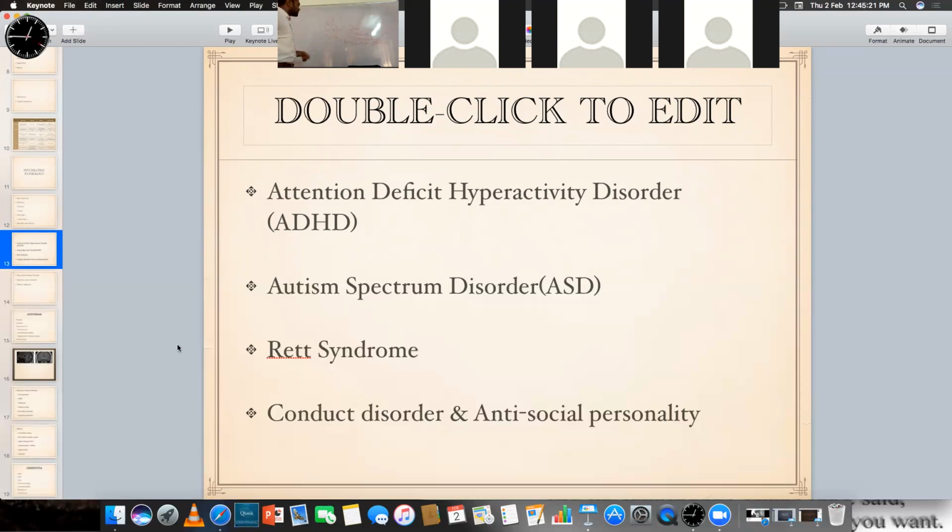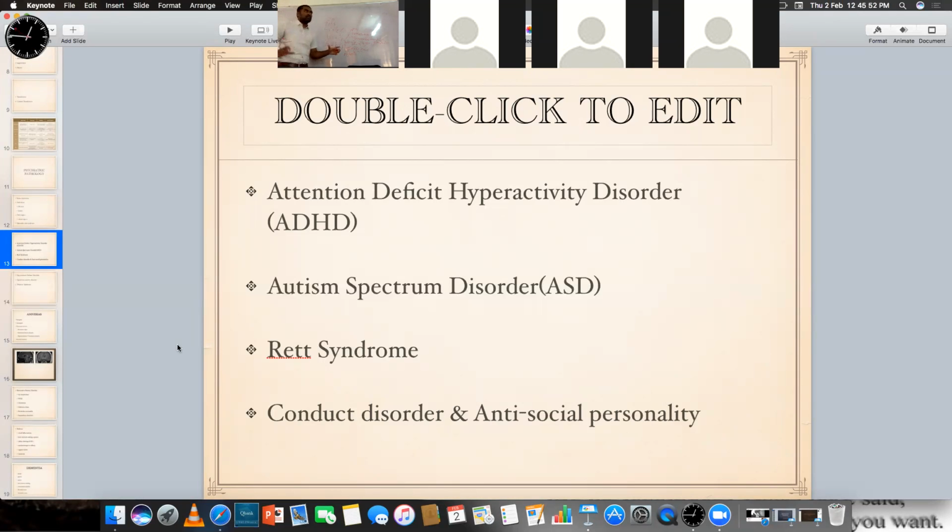Alport syndrome, Rett syndrome, Fragile X syndrome, and vitamin D resistant rickets, otherwise called hypophosphatemic rickets. I want you to make a little note about these 4 things right beside Rett syndrome, because these are the only 4 disorders which you will find in X-linked dominant disorders. So Rett syndrome, Fragile X syndrome, Alport syndrome, and vitamin D resistant rickets.